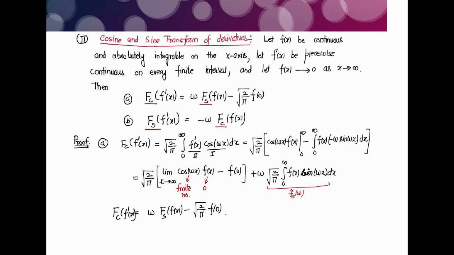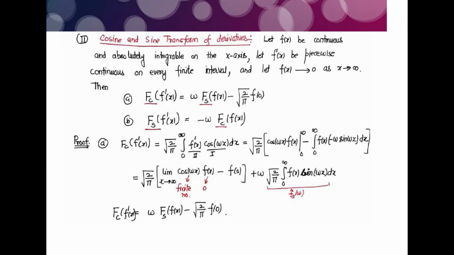Now cosine and sine transforms of derivatives. Let f of x be continuous and absolutely integrable on the x-axis. Let f dash x, the first order derivative of the function f of x, be piecewise continuous on every finite interval, and let f of x tend to 0 as x tends to infinity.